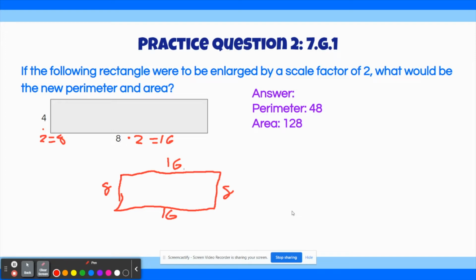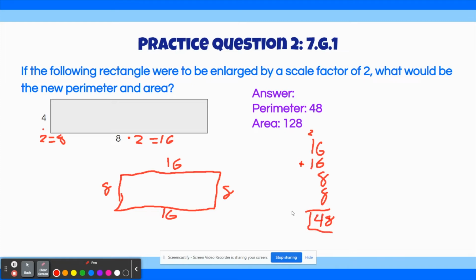The perimeter is the sum of the length of all the sides. So we can do 16 plus 16 plus 8 plus 8, and we'd get 48.